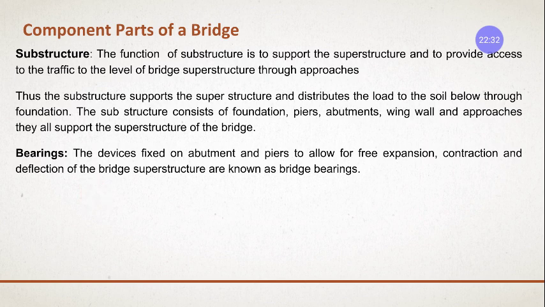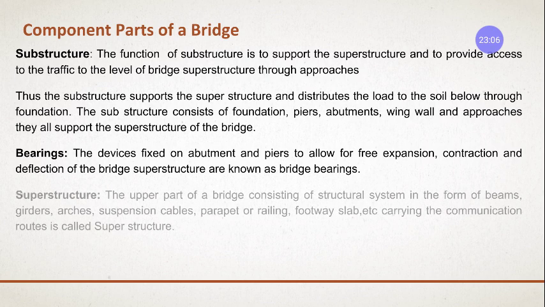Those devices placed for this free movement are called bearings. This is the most important part, and it is also a weak point of the bridge. You can also say that the joint point of the superstructure and the substructure is the weakest part of the bridge. It requires high maintenance because it is a moving part.